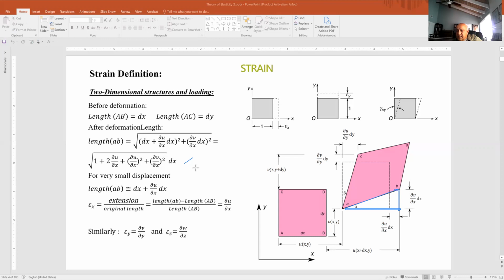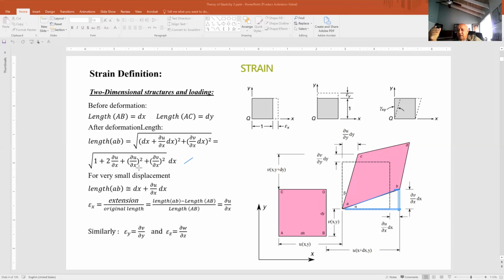And notice, as we indicated before, displacement u and v are very, very small. Therefore, anything to the power 2, as shown here, compared to something to the power 1, is negligible. If derivative of u with respect to x is equal to, say, 0.01, the power 2 of that derivative would be 0.0001, 100 times smaller.